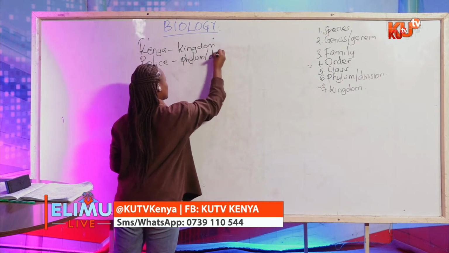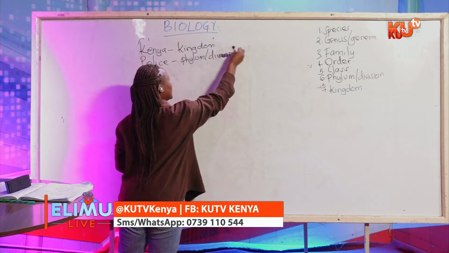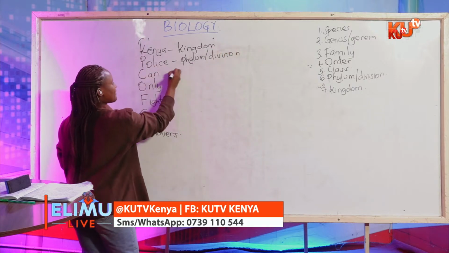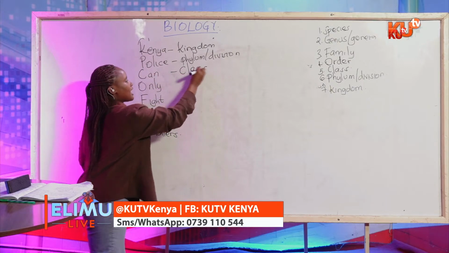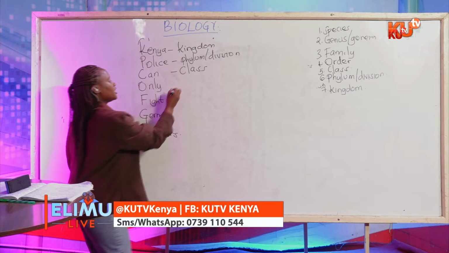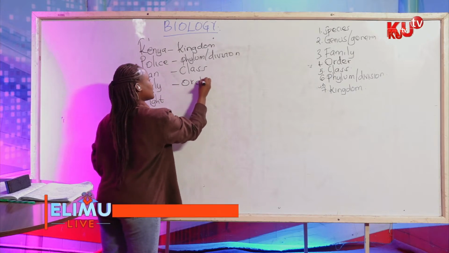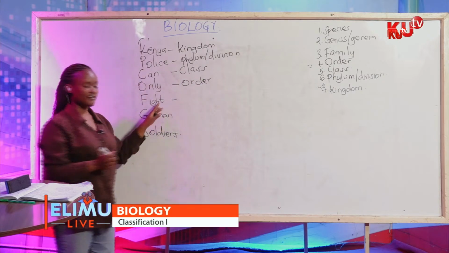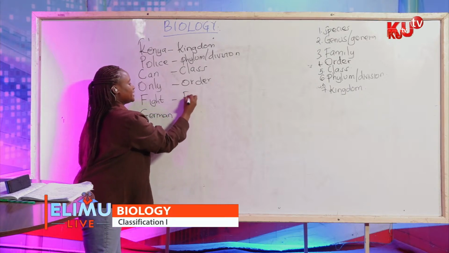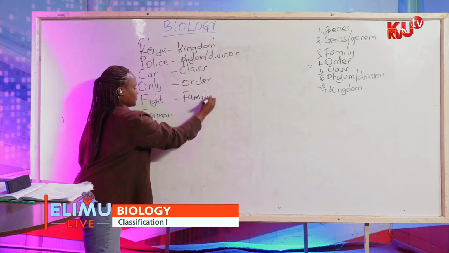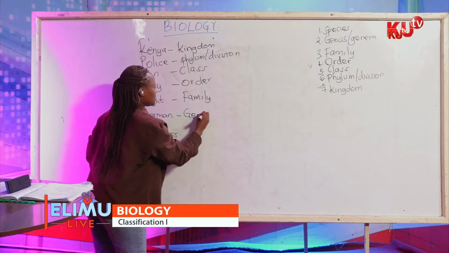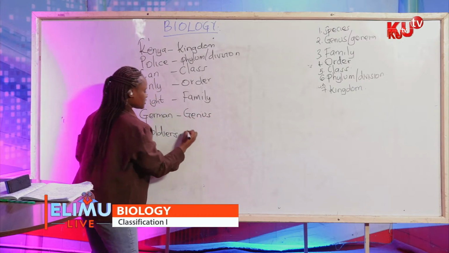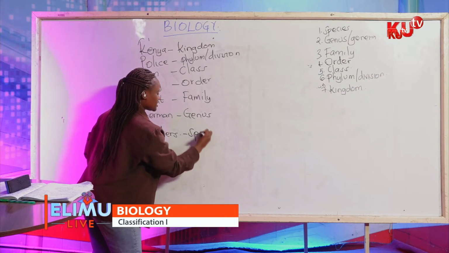division in plants, phylum in animals, and then can, this is for class, and then only, order, and then fight, family, and then German, we have genus, and then soldiers, we have the species.